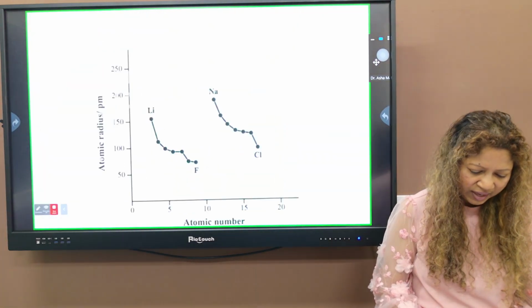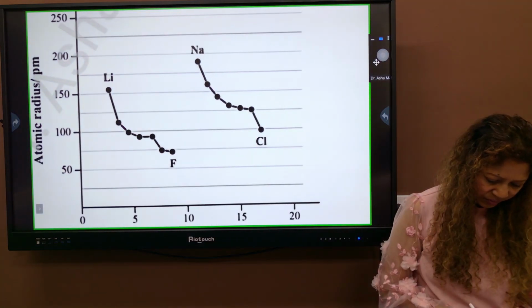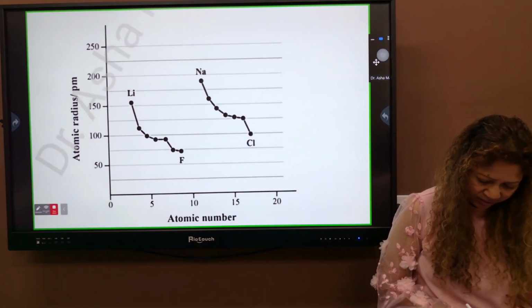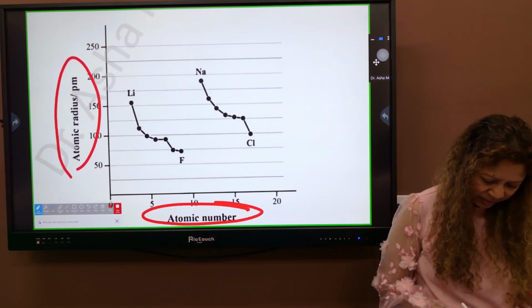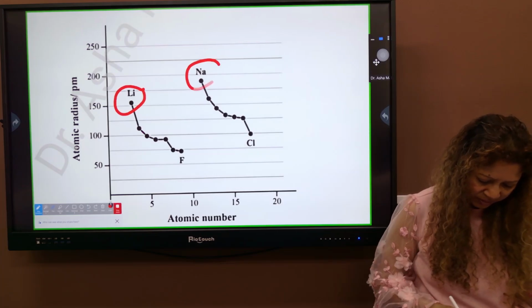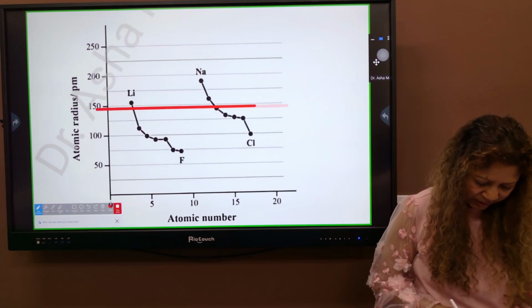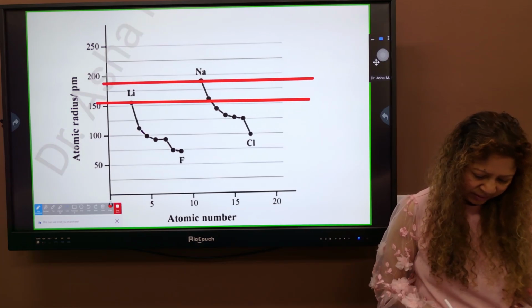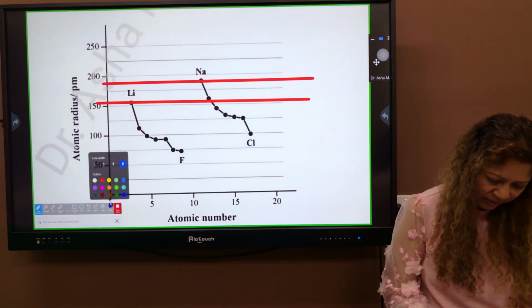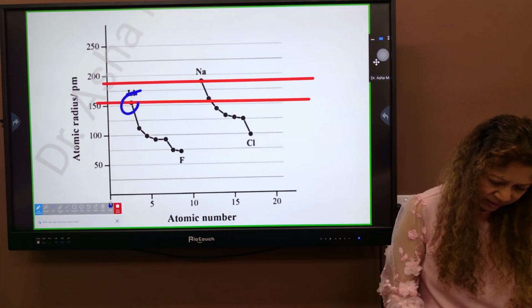Okay, so here you have atomic number and atomic radius. Lithium and sodium. If you go here, lithium is here and sodium is here. Now tell me why there is a difference here.